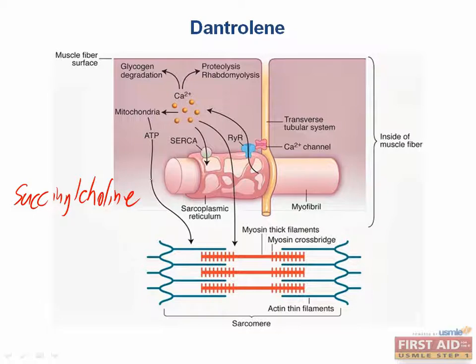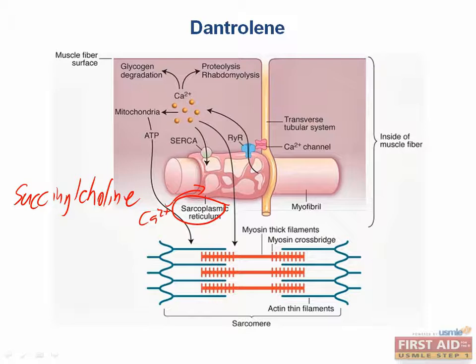Any depolarizing neuromuscular blocking agent can elicit malignant hyperthermia, not just succinylcholine. The heat is produced by sustained contraction of the muscles due to a genetic mutation causing failure of the sarcoplasmic reticulum to resequester calcium. The sustained calcium in the muscle causes continued association of the actin and myosin filaments.